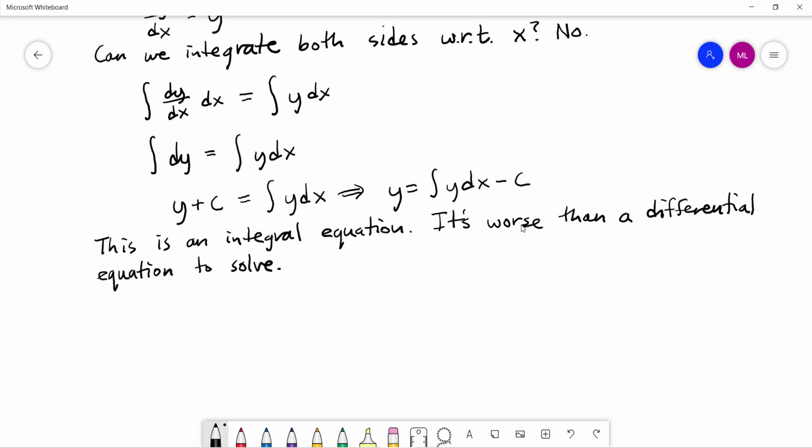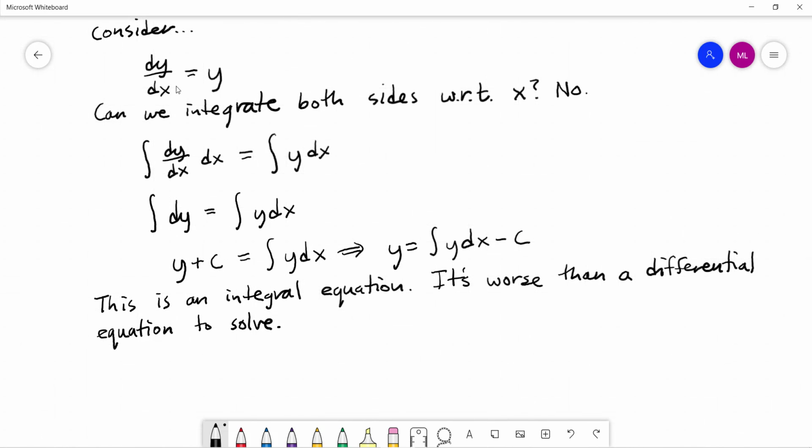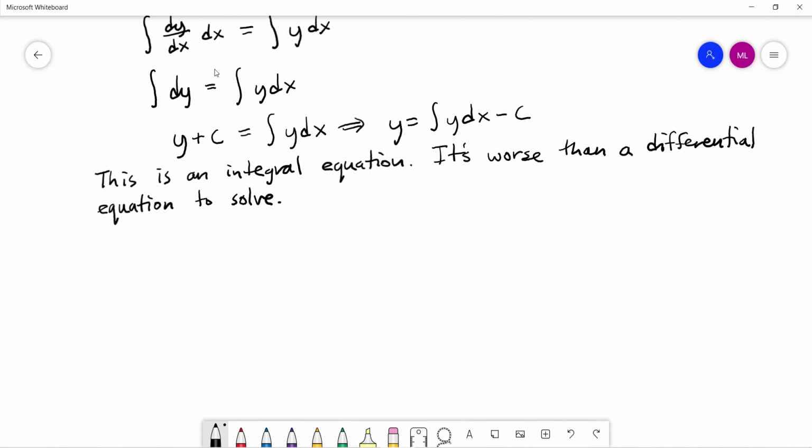So how do we solve a differential equation of this particular form? Well, it turns out if we do a little bit of algebra first, then we are going to be able to integrate both sides, but I need to group all the y terms together and all the x terms together. So how can we proceed?